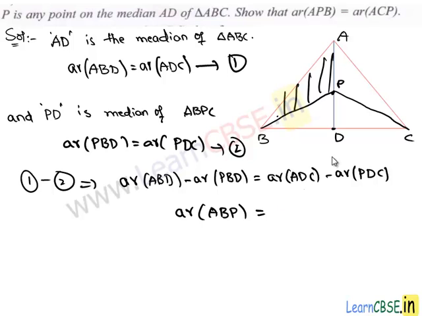From the above condition, it is equal to area of triangle ADC minus area of triangle PDC, which is equal to area of triangle APC. Therefore, we get the condition area of triangle APB is equal to area of triangle ACP. And this completes our solution.